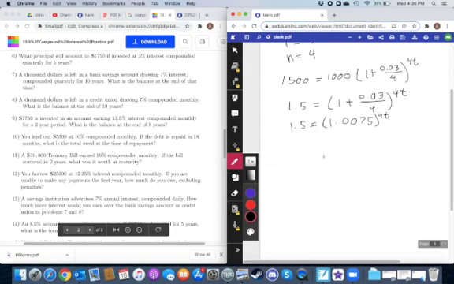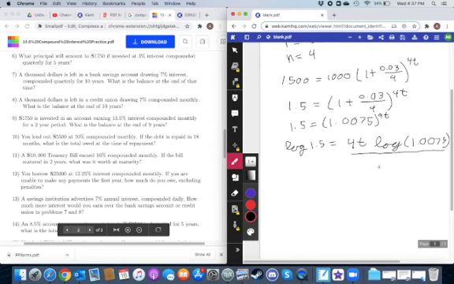So what do we do? Well, if I take the log of both sides, that leaves me with the log of 1.5 equals 4 times t log of 1.0075. Admittedly, doing a few properties of logarithms in between.